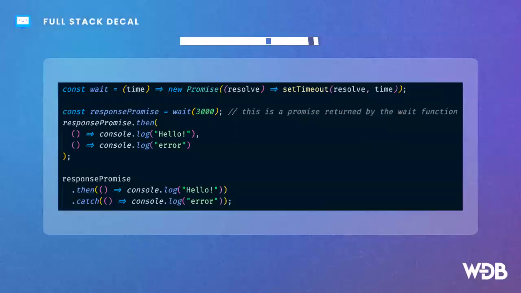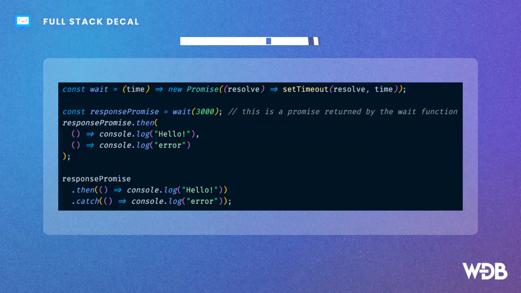So here's an example of a promise that we have made. We have assigned an arrow function to this constant wait. Basically it takes in a time and returns a promise with the constructor of Promise, which I'll get through.